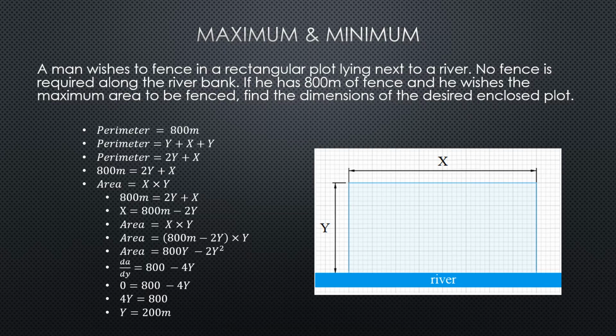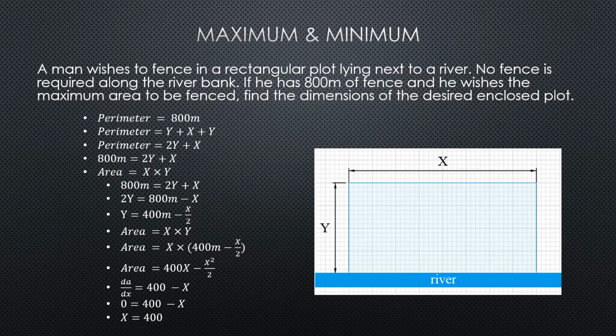Now if we take the derivative of that, we get 800 minus 4y. And we know that at our maximum, our slope should be 0 graphically at that maximum point. So if we substitute 0 for dA/dy, we get 0 equals 800 minus 4y. Now we can solve for y and we get a y that's equal to 200 meters.